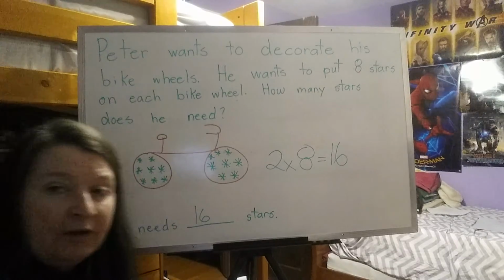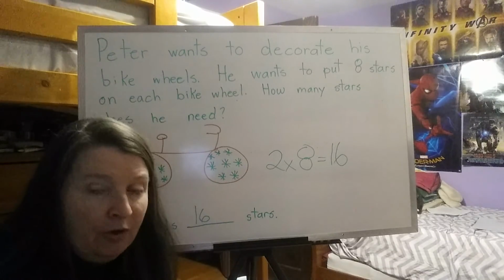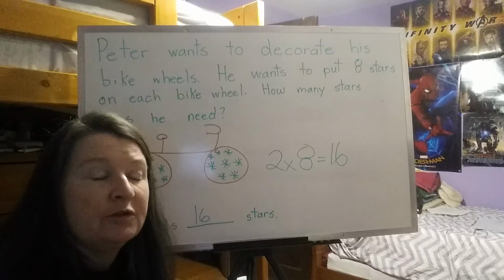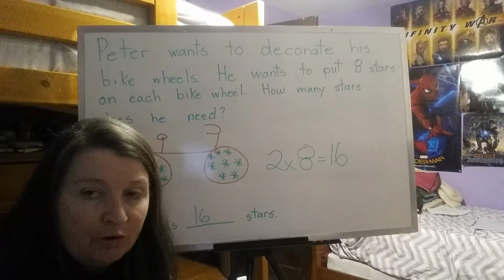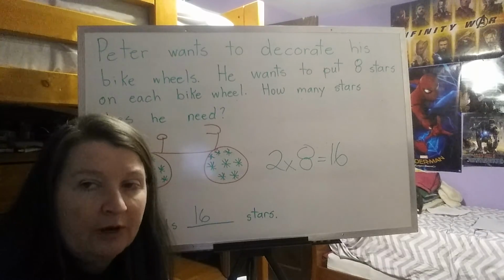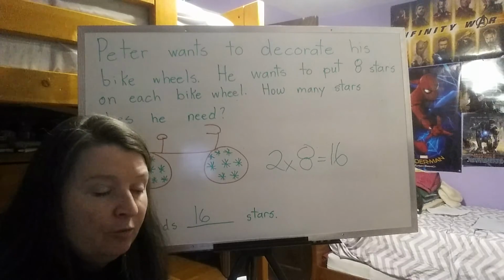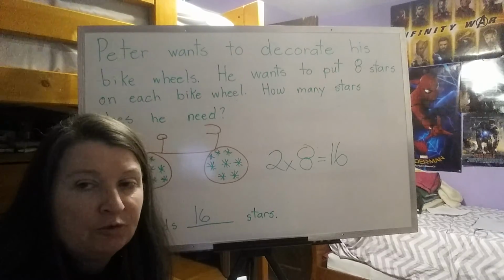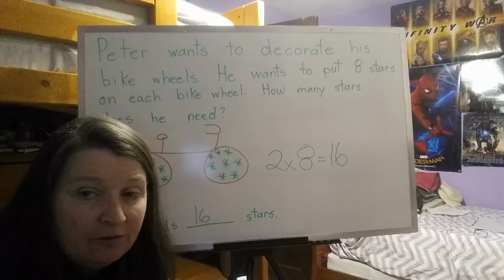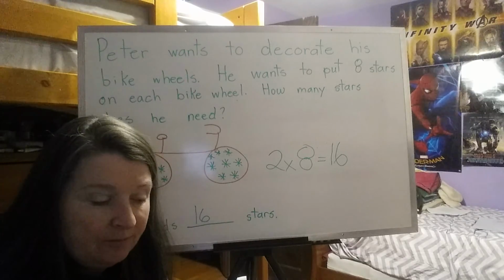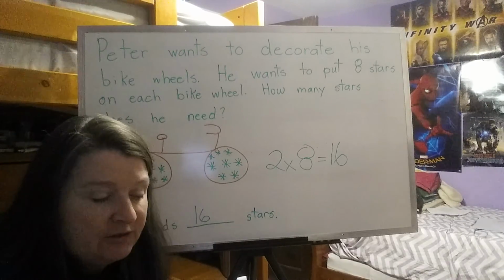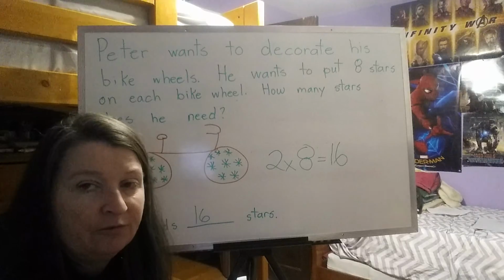Take your time with it. It may be a little bit harder than the other multiplication we did at first. Take your time, draw your pictures, and you will do great. I will make another video at the end of today so you can check your answers yourself and see how well you did. But try your best to complete them all by yourself first.